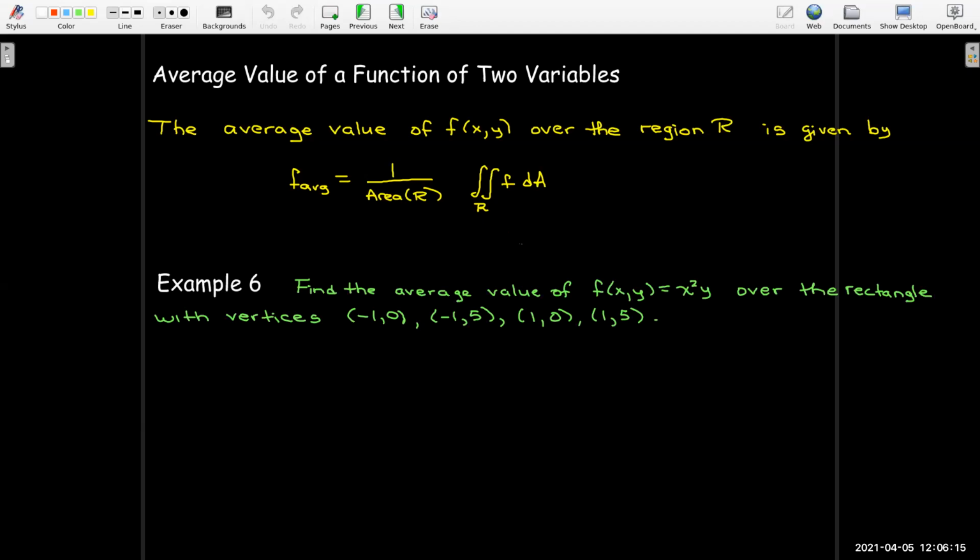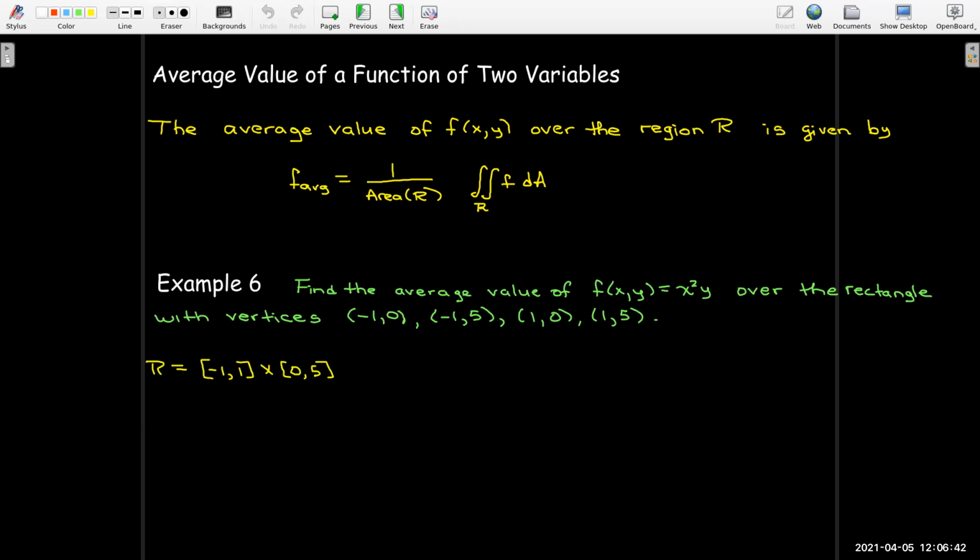So let's find the average value of f of x, y equals x squared y over the rectangle with the given vertices -1, 0, -1, 5, 1, 0, and 1, 5. So I can see that x goes from -1 to +1, and y goes from 0 to 5.